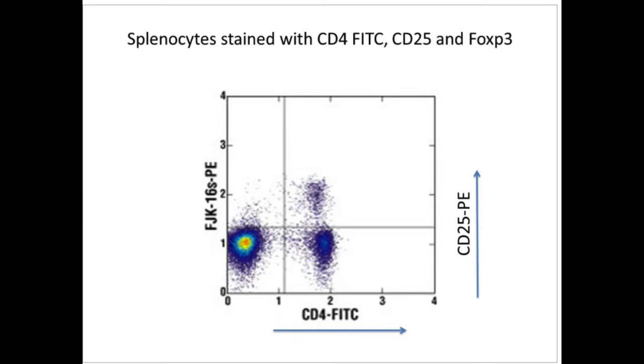So that column right there is CD4 cells. But then CD25 is pointing up that way. So you know that in that group of CD4 cells, there's a significant subset of CD25 positive cells. And that little upper quadrant is where your T regulatory cells are. And you can actually sort those cells out. You can put them into dishes and play games with them. But that's relatively recent. It was probably over the last 5 years that this really came to fruition.